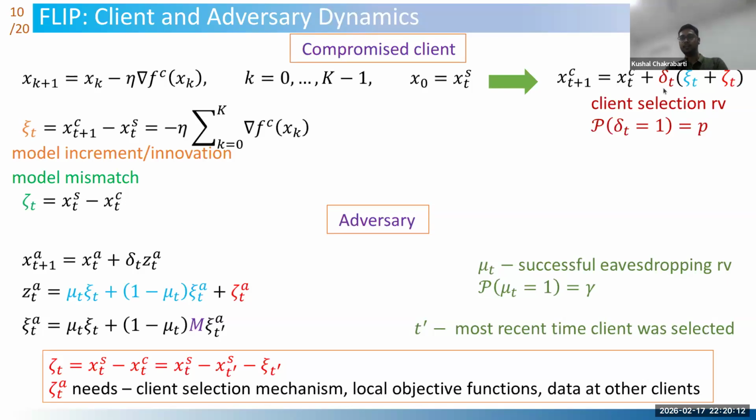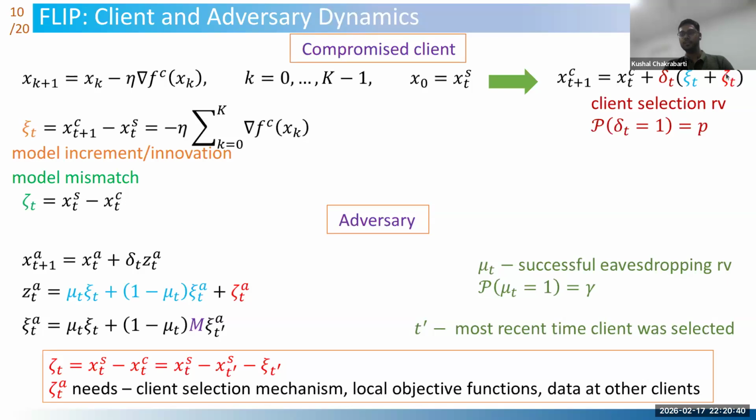You can see there are a number of new variables here. What is delta t? Delta t is a binary variable, either 0 or 1, denoting whether this particular client C is selected by the server to participate in the training process at time t. And psi t is just the increment or model innovation.